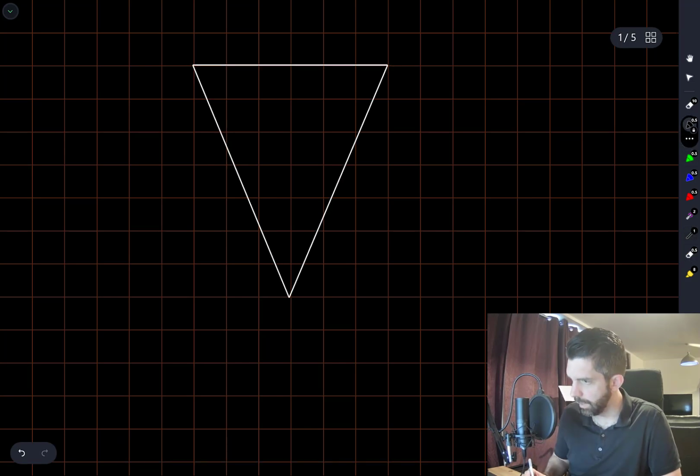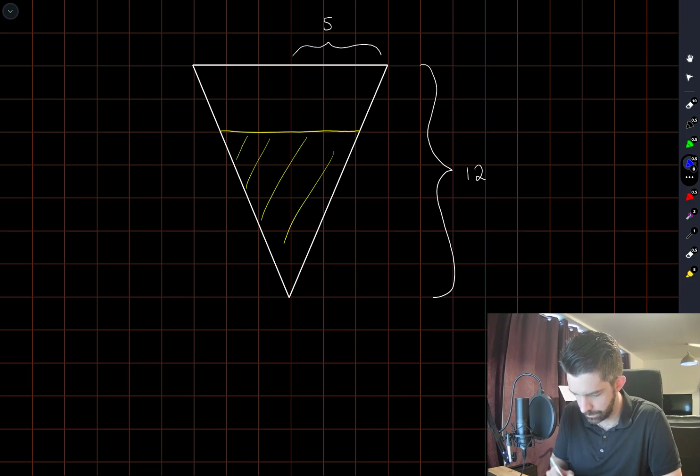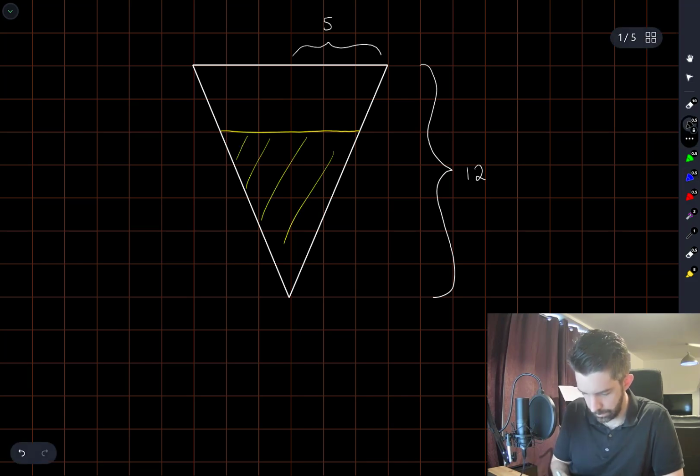So the height of the cone is 12. The radius of the cone is 5. And in this orientation, the liquid has a depth of 9.